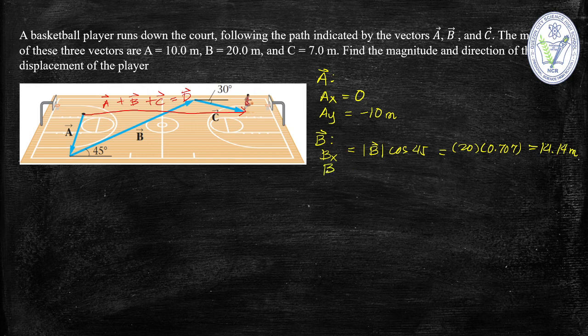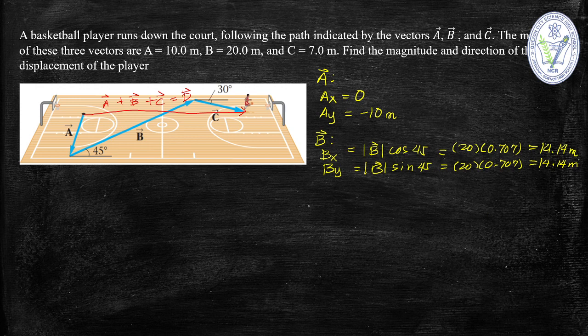It so happens that By would also be of the same value because sine 45 has the same value as cosine 45.